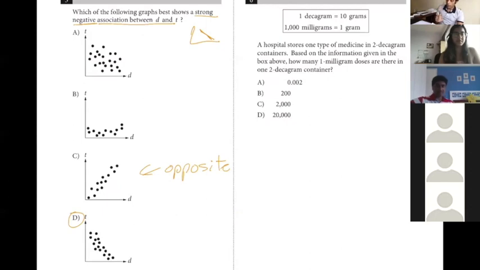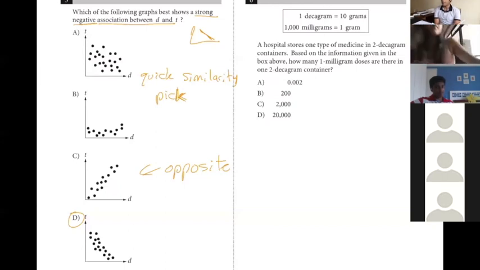Some of you also put A. So we're going to introduce a new one for A. A is called, what do we call it? Yeah, quick similarity pick. So I cheated, I told you guys I'm only going to give you 30 seconds. So I created a fake sense of urgency. I did that on purpose because this question, I wanted more people to get it wrong.